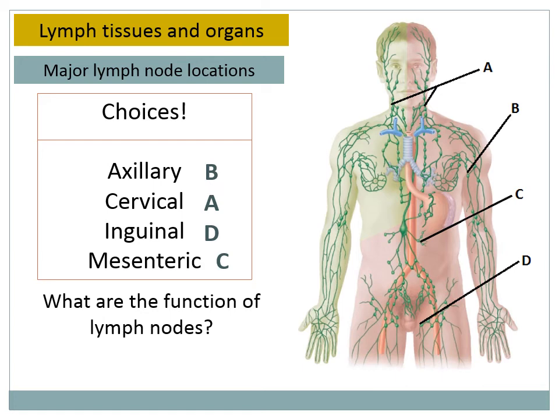Hopefully this helps you out too when we talk about major lymph node locations, because if you are coming in to your doctor for a cold or something like that, they will feel your lymph nodes, and they don't just feel your cervical lymph nodes. A lot of people, when you get a cold, feel their cervical lymph nodes and think, oh my gosh, my lymph nodes are so swollen.